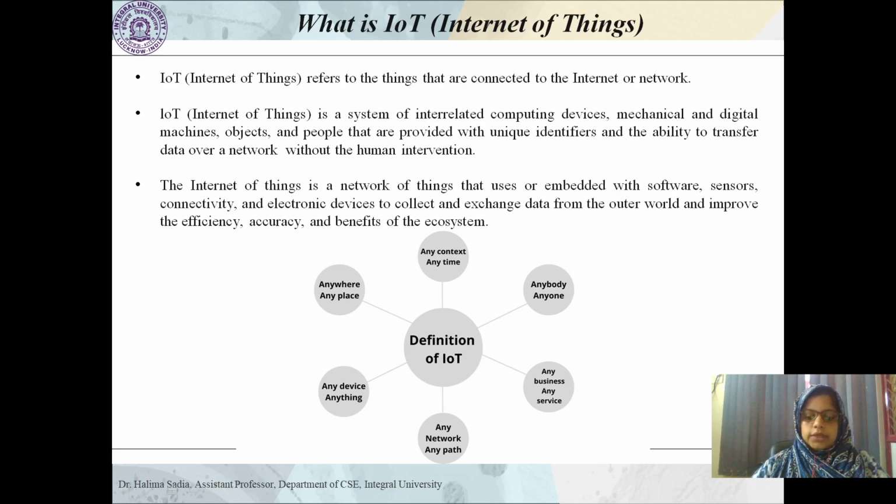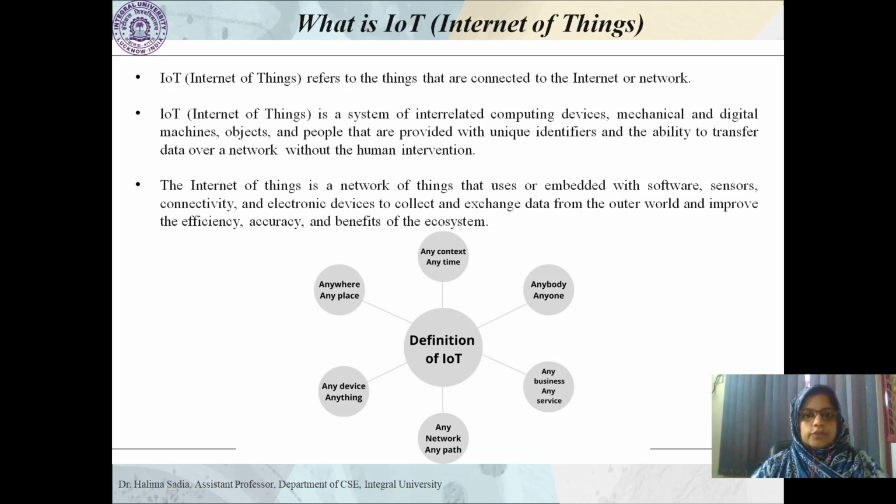Until now, the internet enabled the people to connect and communicate with each other. However, with the advent of Internet of Things, now we are able to connect the objects, that is the things, and these things now have the ability to sense the surroundings, communicate with each other and collaborate with one another.